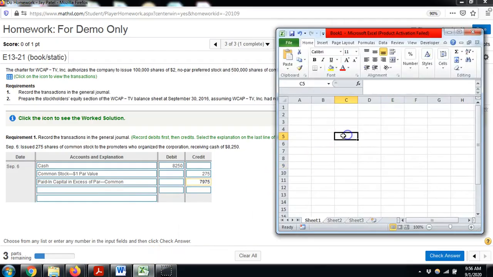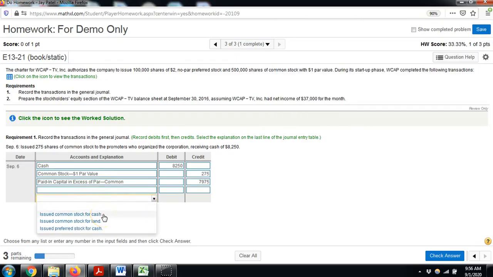Let me just show you the math: 8,250 minus 275. And so we're issuing common shares for cash.